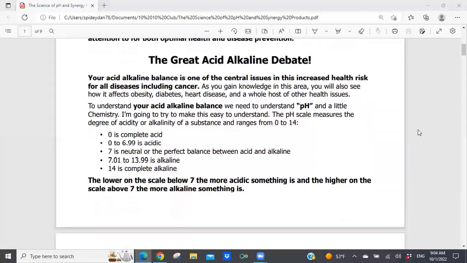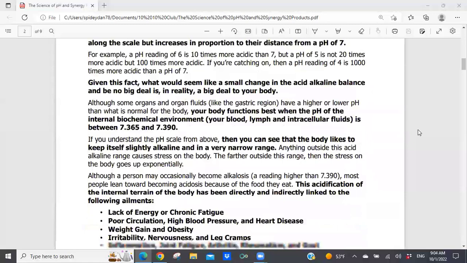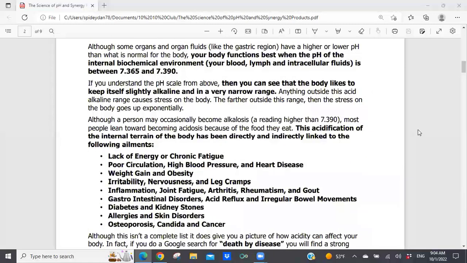And when we come down here, we talked about this already. Here's some of the issues that occur when the body is what they call the acidification of the internal terrain of your body. And when they look at that, you'll see a bunch of different disease issues begin to pop up.